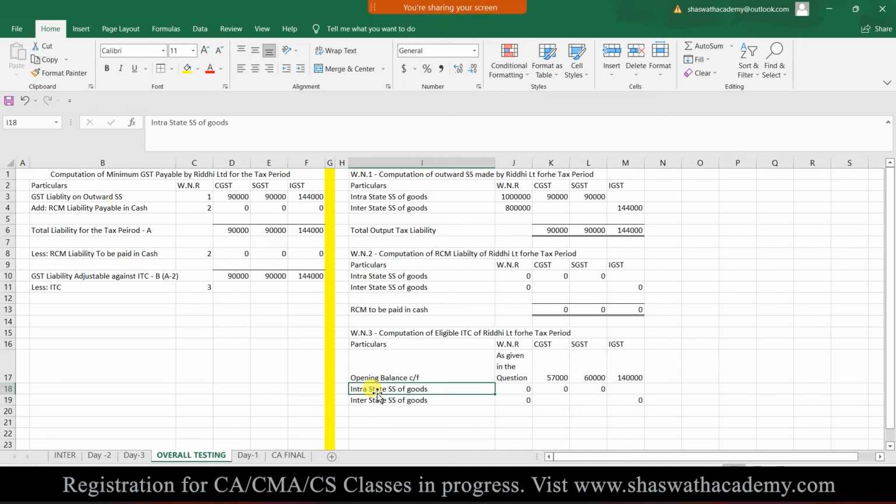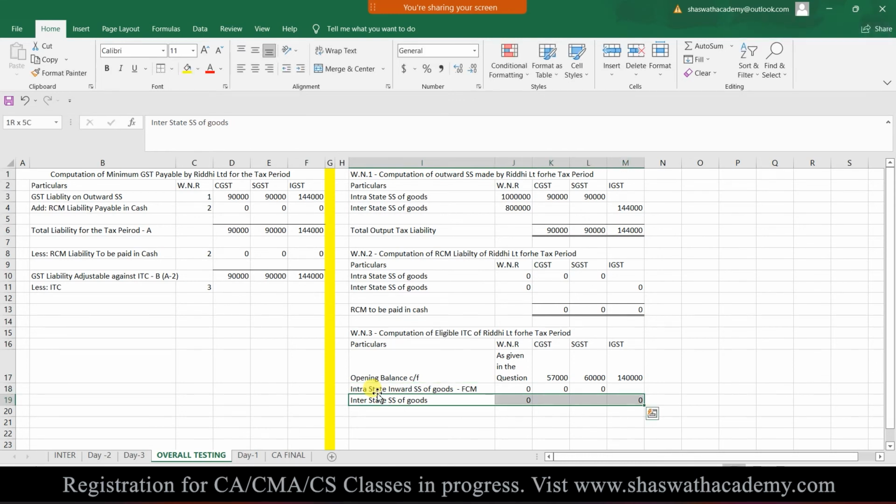And my dear brothers and sisters, here is where calculations will come into the picture. We have to be careful. First, what we have to do: intrastate inward supply of goods, which is basically under forward charge mechanism and no RCM. In that, FCM will be there. You can take those.